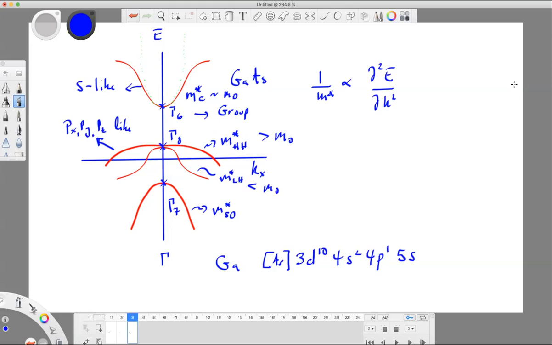Yes, so we will have another band at a higher energy that corresponds to the 5p. If you go further up here, you have empty bands that involve the higher p and higher d orbitals and so on. And below this, you will have some other structure. But those bands are going to be totally inert. There's no electron that's going to be occupying those bands, except, in the language of solids, virtual excitations that the system may have.